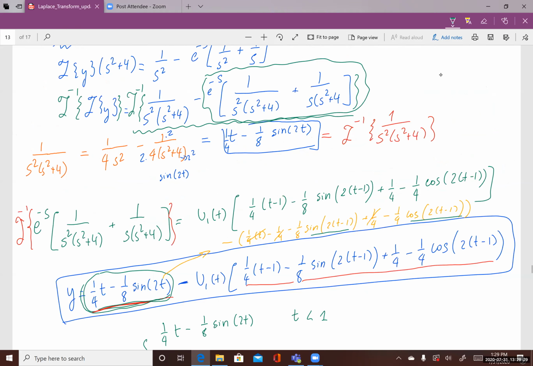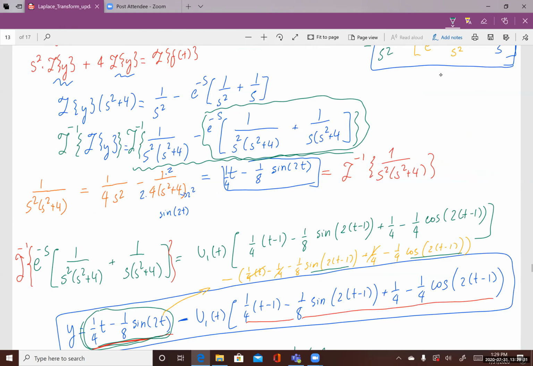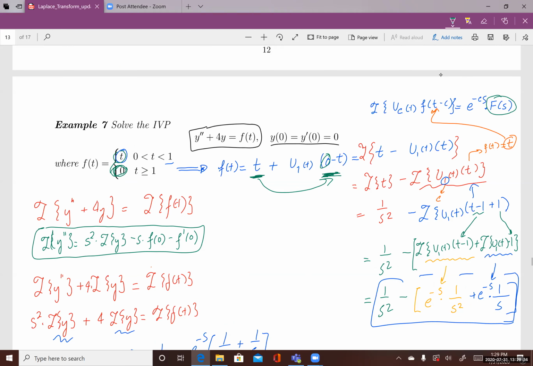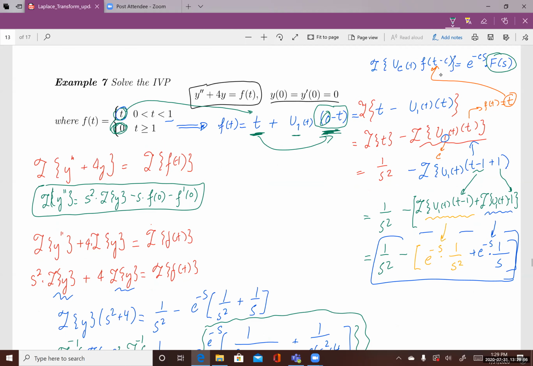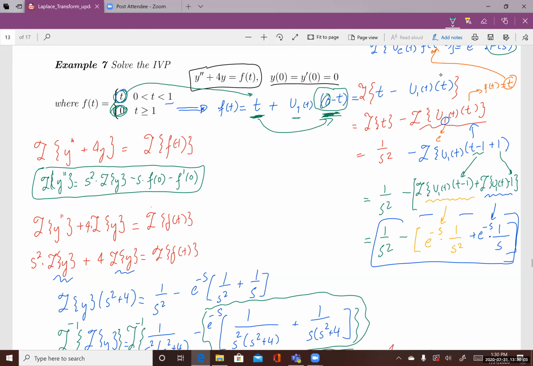Versus when you convert from a piecewise function to a unit step function, you want to start with the first function here, and then go to the unit step at 1. In order to find this function, you just take the second function minus the first function, because you want to find the distance between the two functions. All right, so this is an example of how you use Laplace transform to find solutions to an IVP problem that involves a step function.